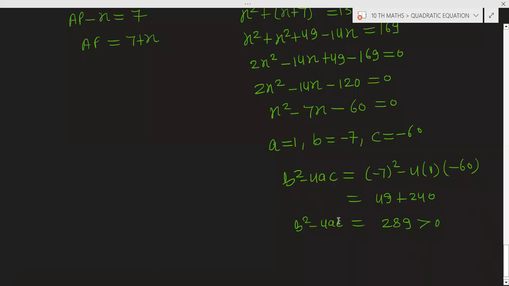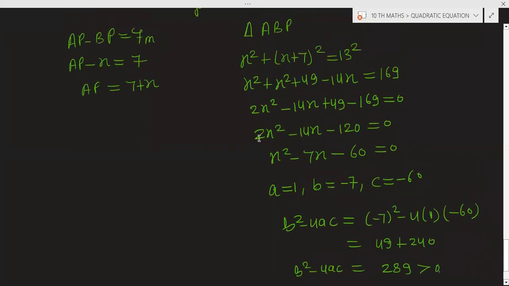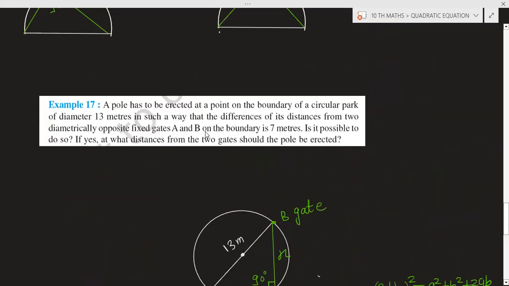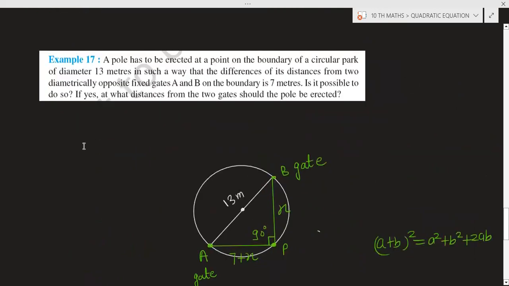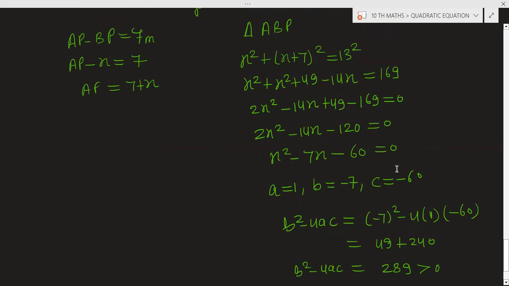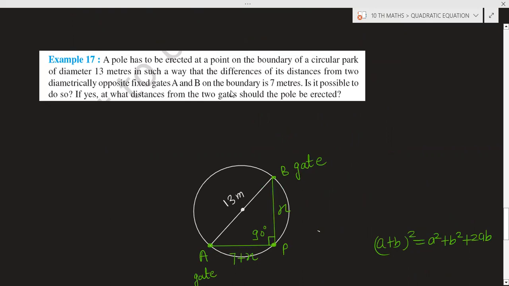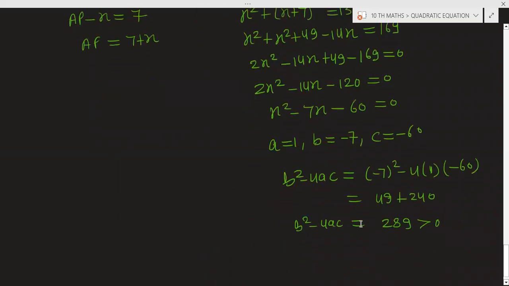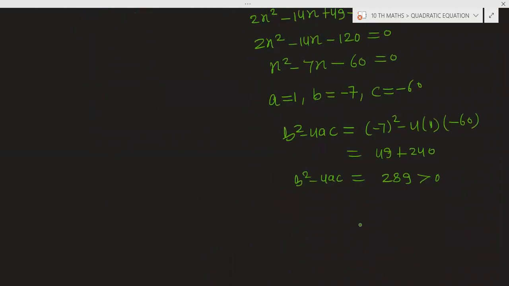So the discriminant of this equation is greater than 0, which means this equation has two real roots. Now they are asking, is it possible to do so? Yes, it is possible, because this equation has real roots, real values of x. That is why this situation can be created. We are saying yes, because the roots are real.